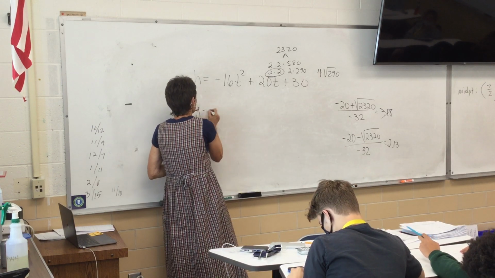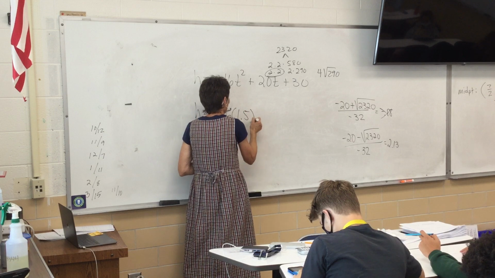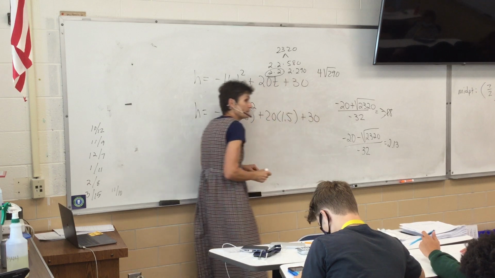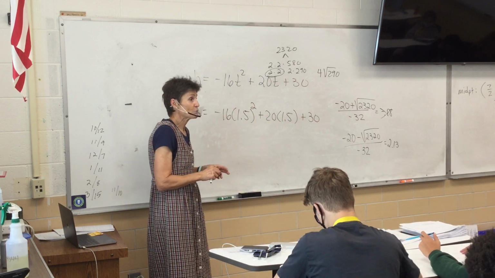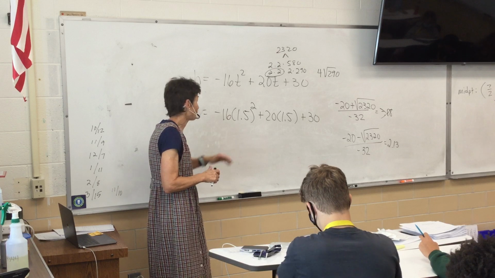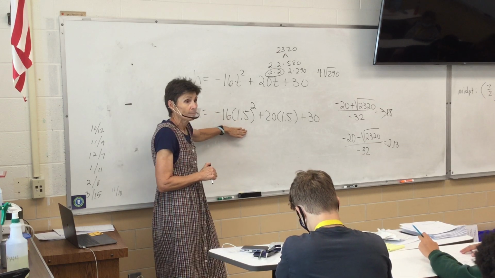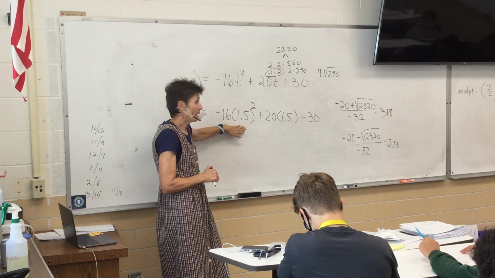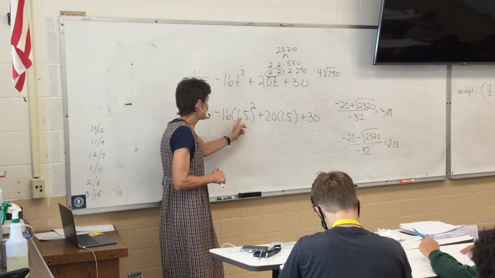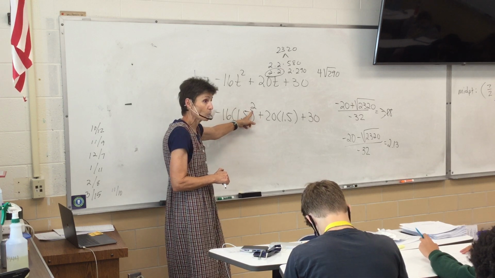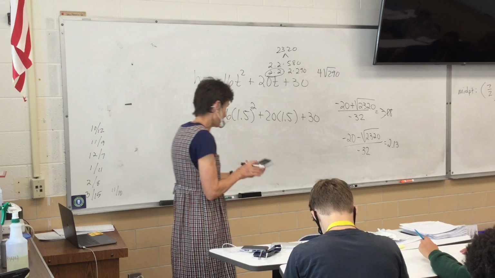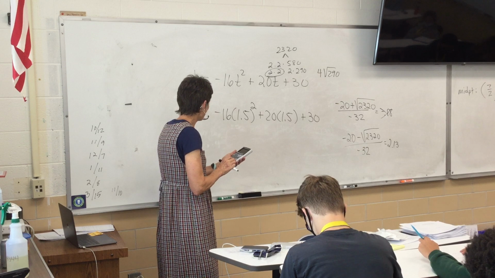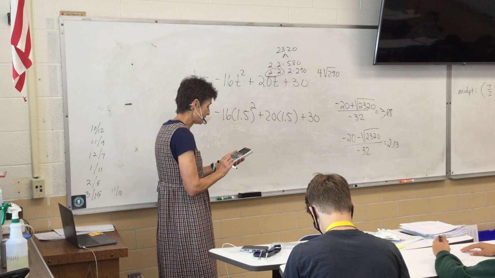So I'm going to do negative 16 times 1.5 squared plus 20 times 1.5 plus 30. You can use your calculator, but just make sure you're doing things in the right order. What has to happen first here? PEMDAS. What has to happen first? Well, exponents, right? There's really nothing to do inside there, but I do need to square. So 1.5 squared, times negative 16.